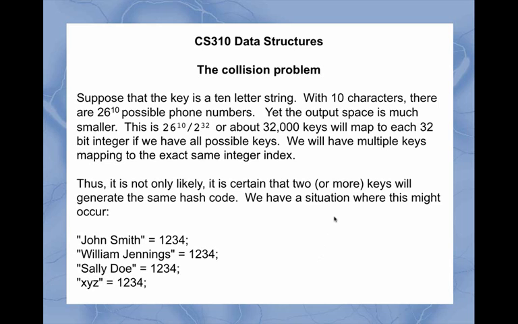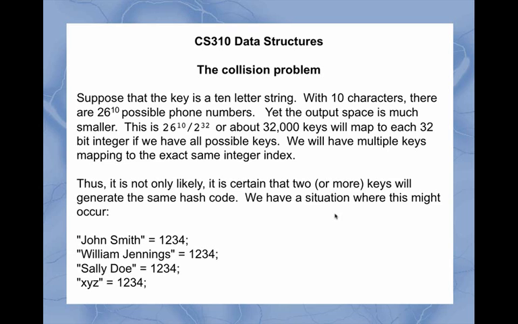So there's a problem we have sidestepped so far, and we need to go ahead and talk about it now, and that's the problem of collisions. So suppose that this key is a 10-letter string. With 10 characters, there are 26 to the 10th possible values. That's a large number of possible keys, yet the output space is much smaller.